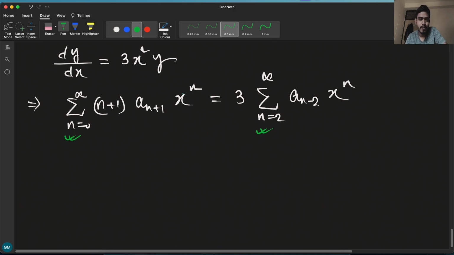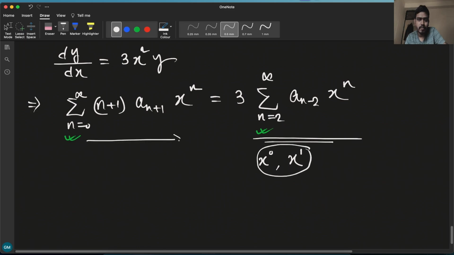What does it mean? It means in this summation you will not get x to the power 0, you will not get x to the power 1. But here you will get them, because here n is starting from n equals 0.